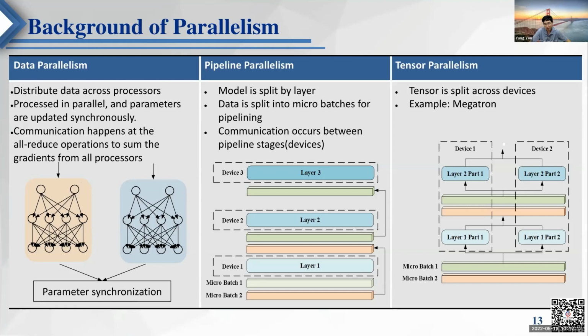Different pipes will have different data, so they can compute at the same time, concurrently, because they are using different data. Then there is tensor parallelism. For tensor parallelism, we partition the tensor across different devices, finish the computation of one layer, and then move to the next layer.